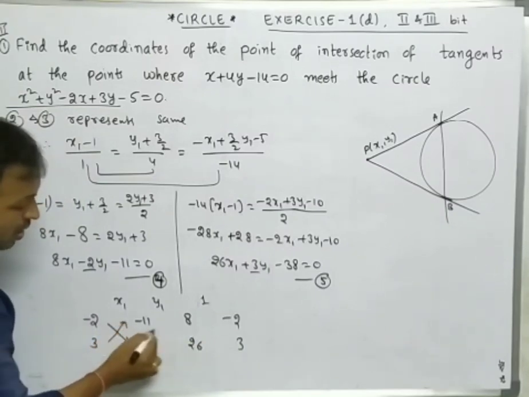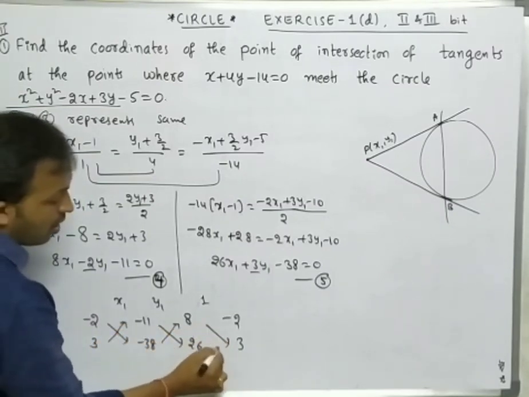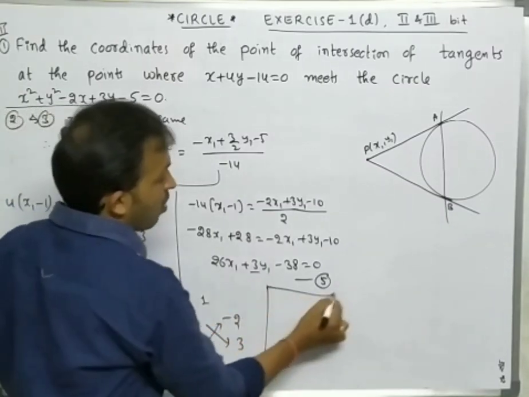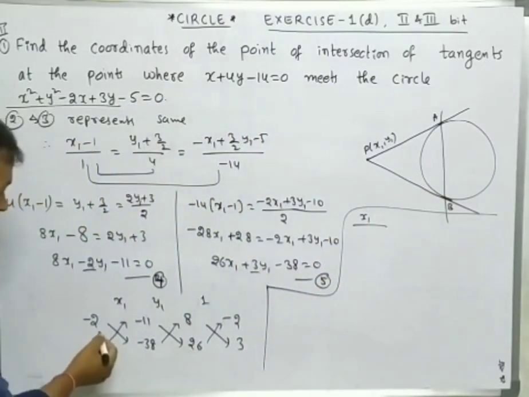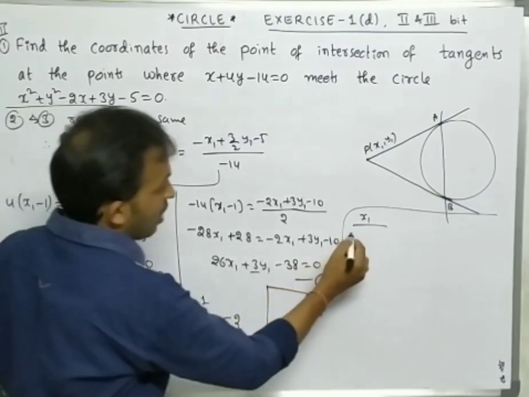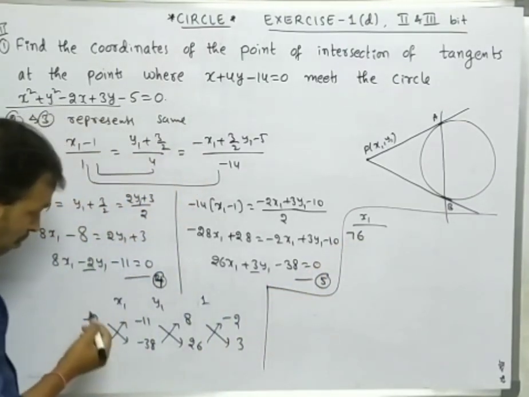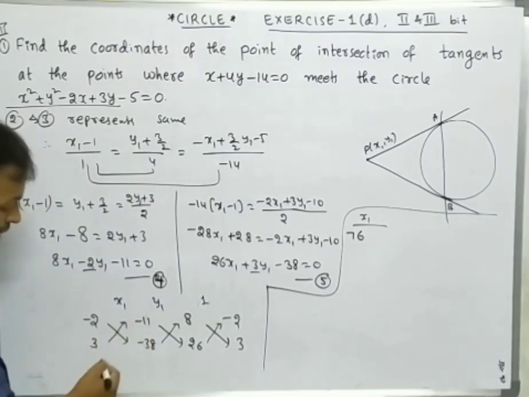So use determinant logic here. That is, x1 by (-2 into -38) minus (3 into -11), that is 76 plus 33, AD minus BC type.